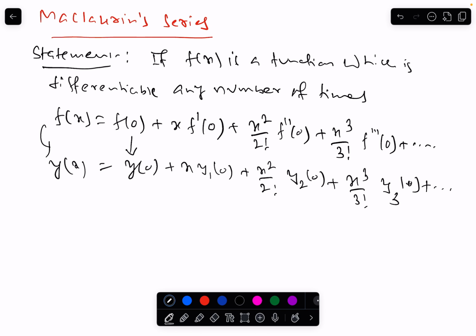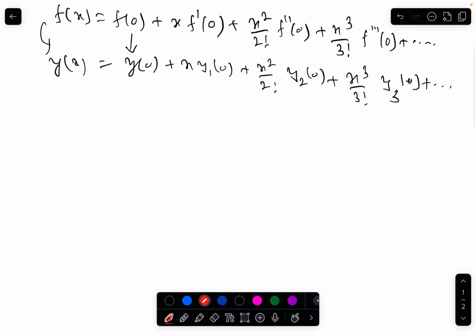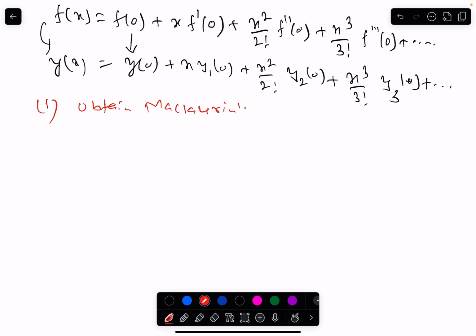So let us find some standard Maclaurin series of some standard functions. So obtain Maclaurin series of f(x) equal to e power x.